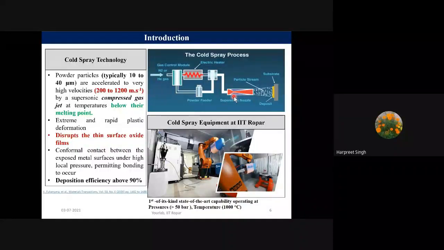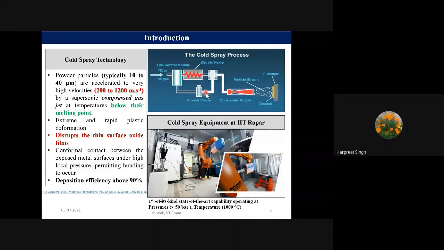To compensate for that, we heat it. So we heat the gas, and this is our powder feeder, so powder is fed from here. Again, it is heated to a very nominal temperature just to remove moisture, and then it's propelled through this.